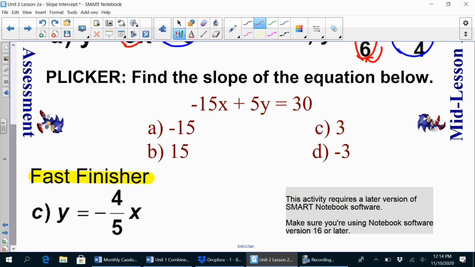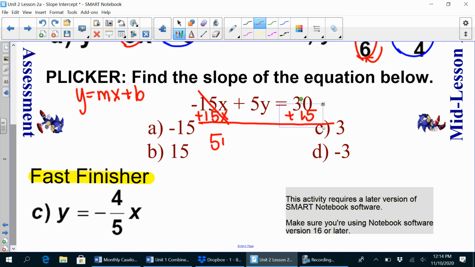So to find the slope, y equals mx plus b. We want to get the y by itself. So in order to do that, I'm going to add 15 to both sides. This will cancel, and I have 5y equals, and again, I'm rewriting this.